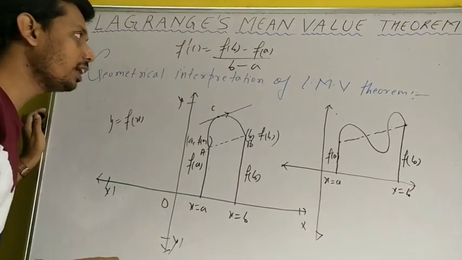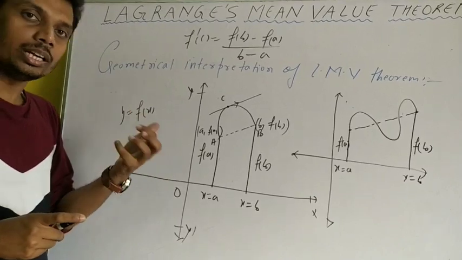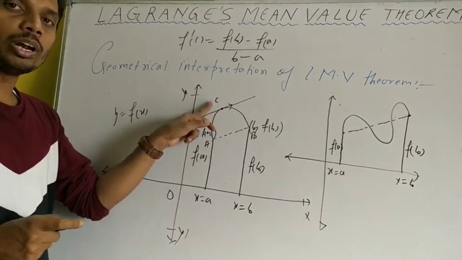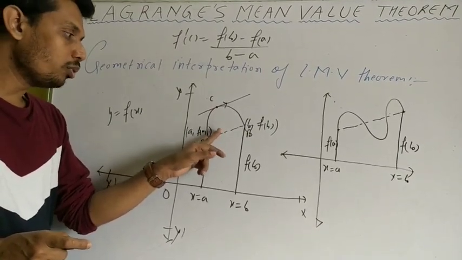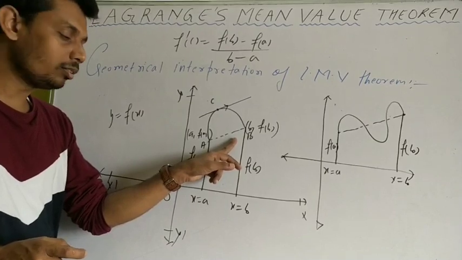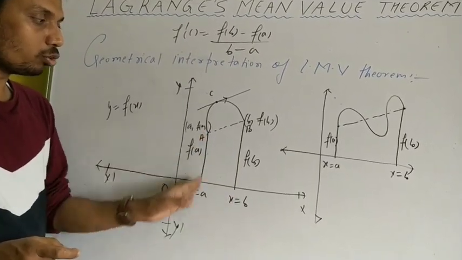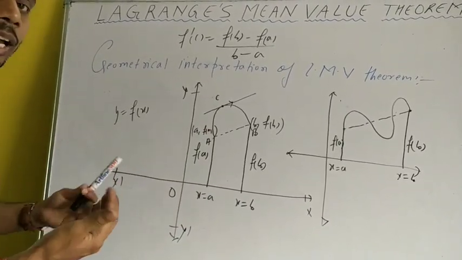So geometrically, this Lagrange's mean value theorem interprets that the tangent at some point c is parallel to the chord joining the end points x is equal to a and x is equal to b. At least one point we will be getting. It can be more than that also.